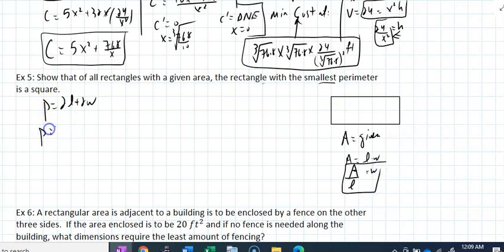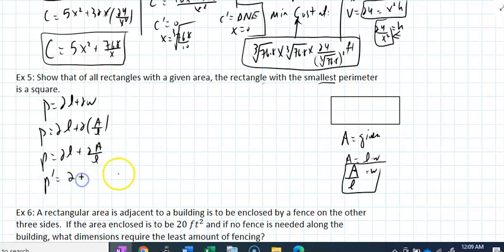Then the perimeter is going to be twice L plus 2 times A over L, remember, A is a constant. And if I take a derivative, that's 2 minus 2A, which is a constant, over L squared. That is 2L squared minus 2A.